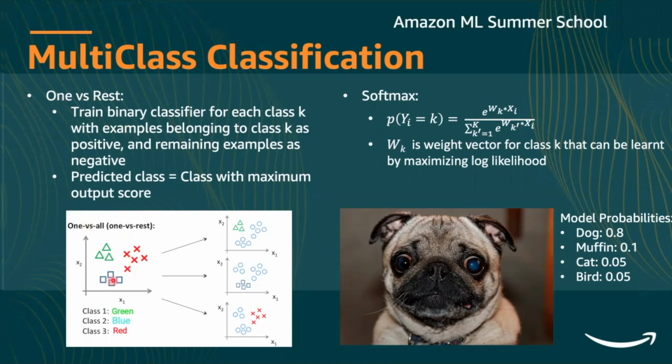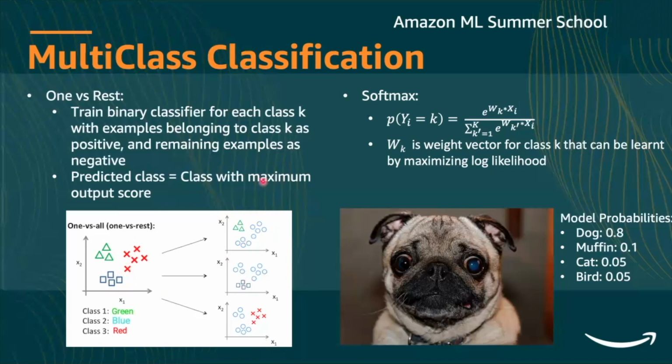You convert this into three binary classification problems. The first problem would consider the triangle as positive, and the remaining two as negative samples. You have another binary classification problem by considering the squares as positive and the others as negative class. And you have a third binary classification problem by considering this as a positive class and these two as negative class. Then you train three different models.